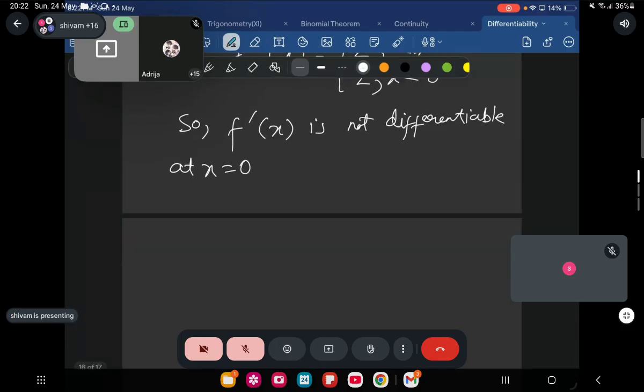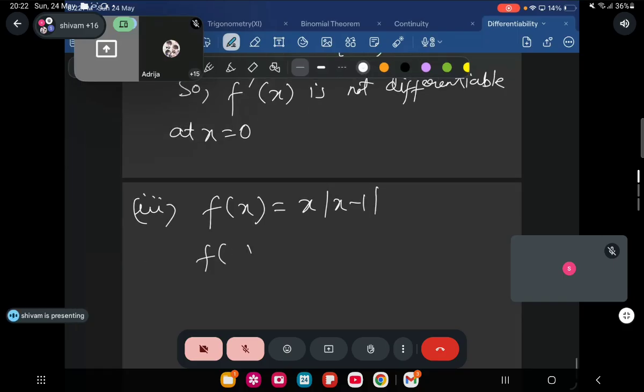Okay. Next. Let us talk about the third one. f of x equal to x into mod of x minus 1. Okay, we need to find out the differentiability at x equal to 1, right? So let us define f of x around x equal to 1.